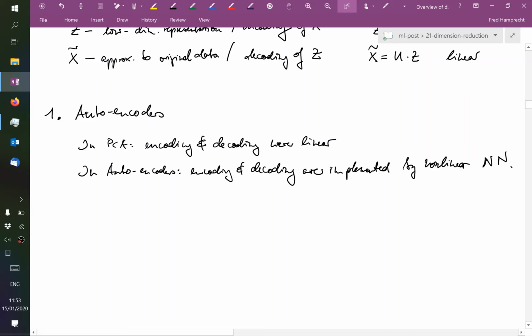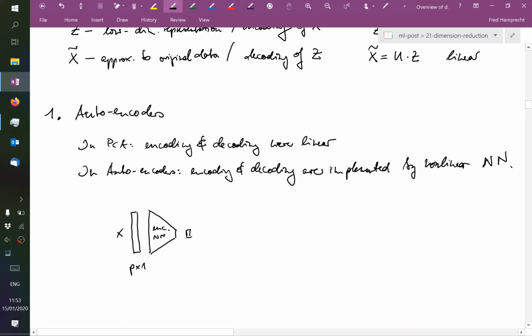And you often see this kind of sketch here, where we have a high-dimensional observation X, which I can represent as a vector. So this would be p times 1. And then here we have our encoding neural network, which gives me, this time X was just a vector, because I showed a single observation here.